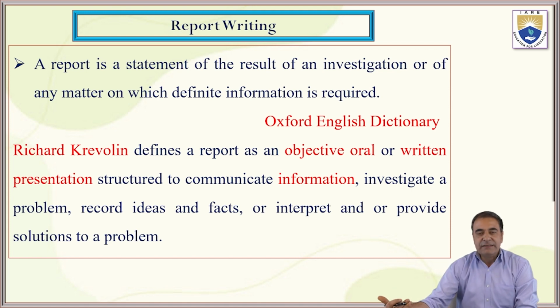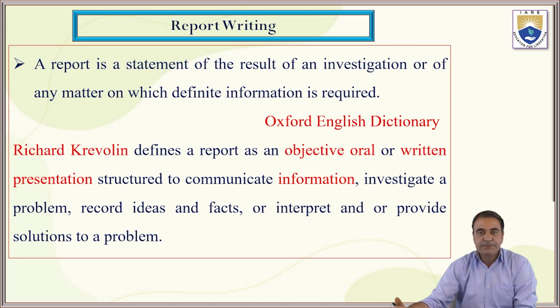According to the Oxford English Dictionary, a report is a statement of the result of an investigation or of any matter on which definite information is required. Now, from this definition, we come to know certain points.